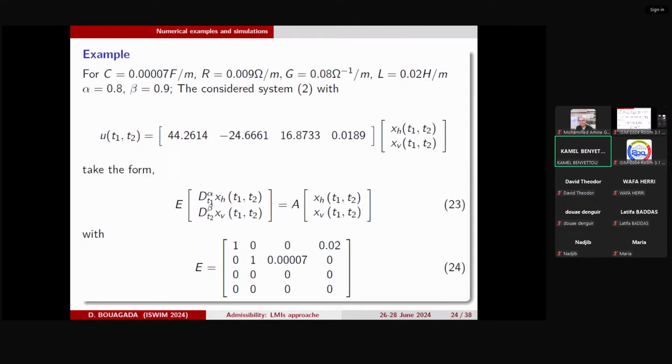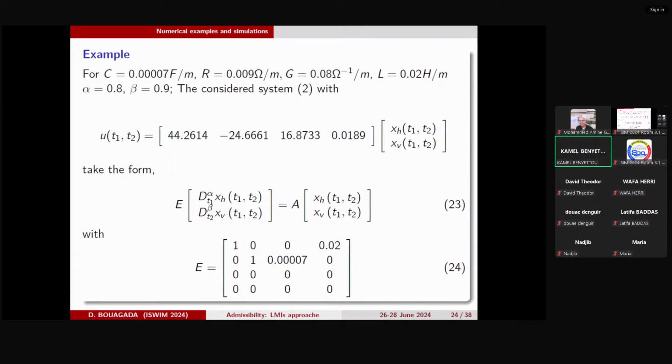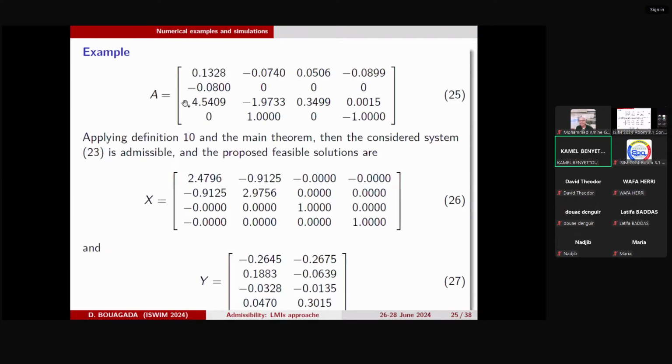For some given values of the parameters R, C, G and L, and for an introduced control u t1 t2, our system in this example we can rewrite as equation 23 with the following matrices E and A. Now, applying our definition and our main theorem, we can see that this system is really admissible.